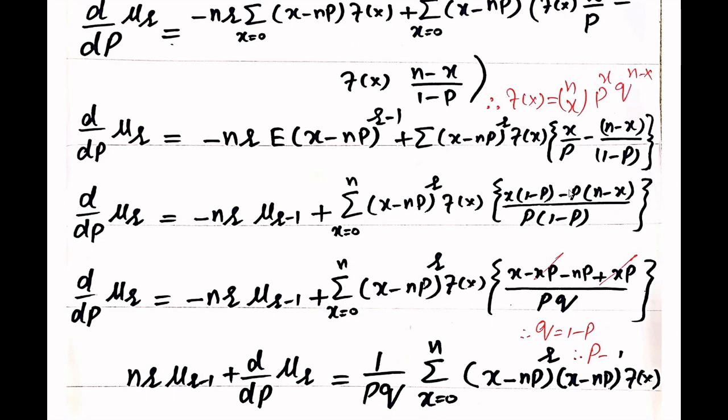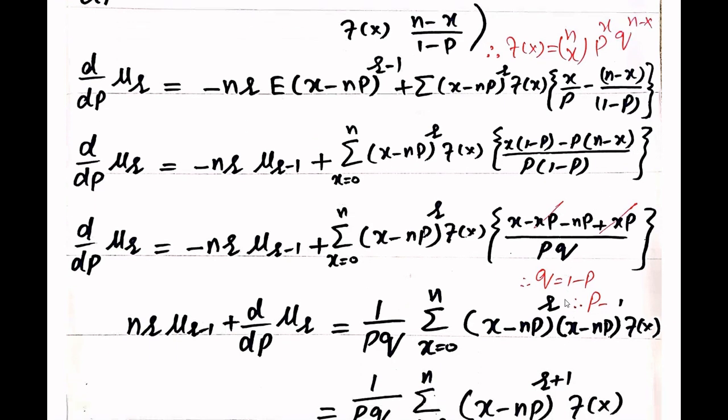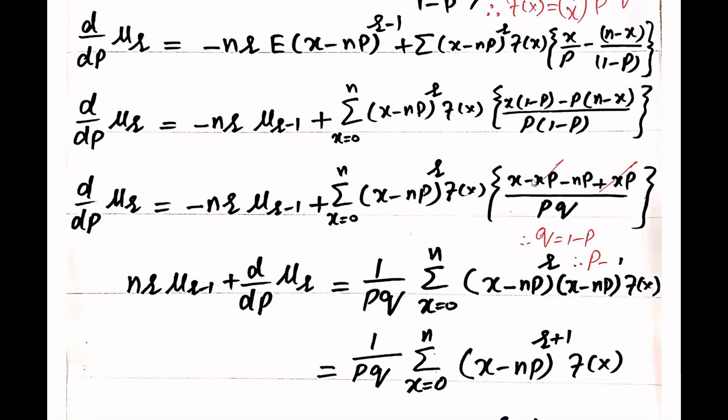This minus sign, cut 1 minus p, we have here p into (n minus x). Again multiply: x minus xp minus np plus xp, cut plus xp minus xp, over p(1 minus p). Write 1 minus p is equal to q. So write here pq.